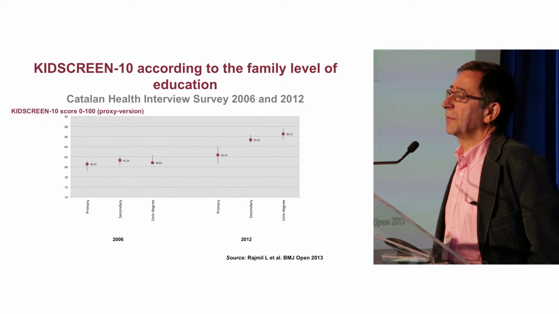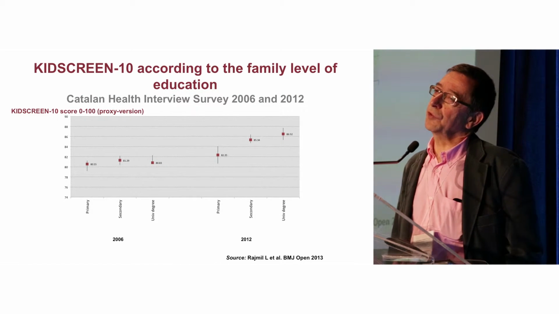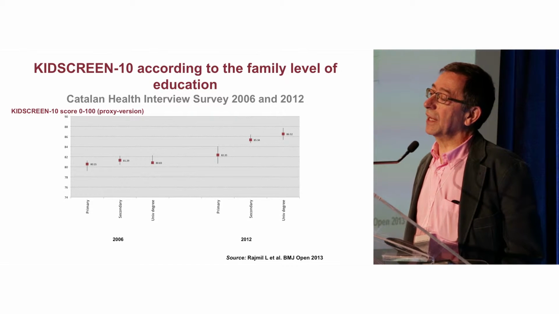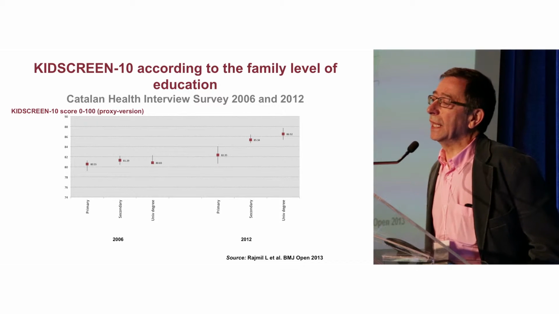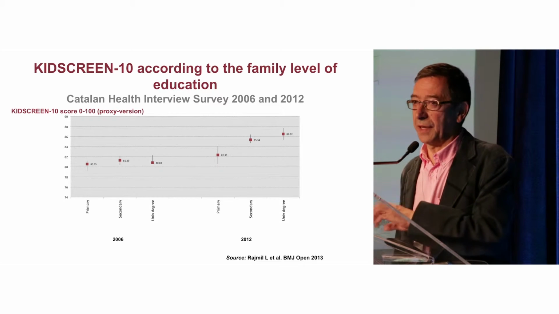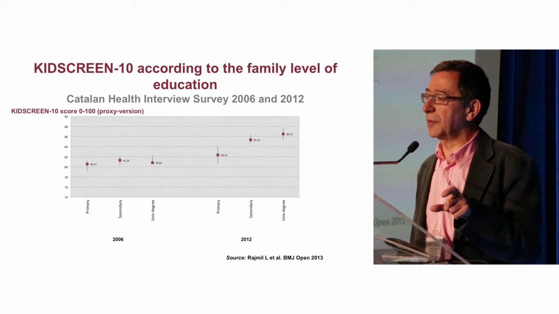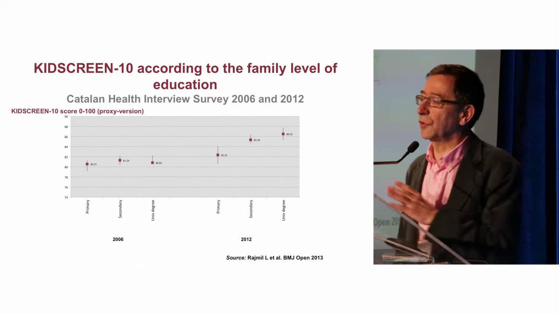Another example uses the KIDSCREEN-10 parent version, the proxy version, in the Catalan Health Interview Survey. The last two surveys, in 2006 and 2012, allowed us to analyze the impact of the economic crisis in Catalonia in a before-after approach.